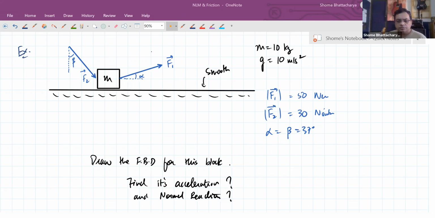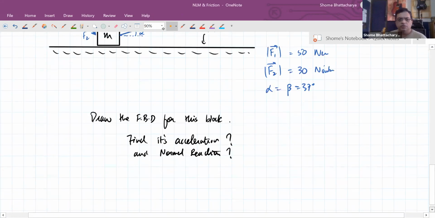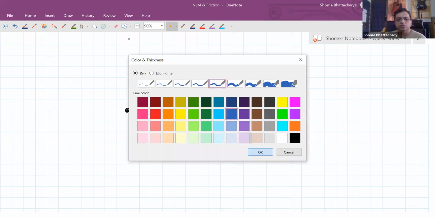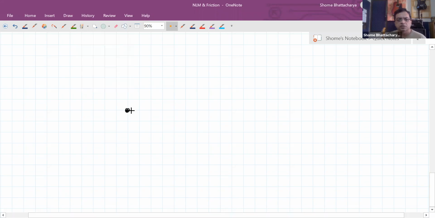Okay, so let's figure this out. What we will do here is first of all represent the forces as vector arrows which are originating from the point mass. The two external forces which I have shown will be like this. These two arrows will be F1, which is of magnitude 50 newtons, and F2, which is of magnitude 30 newtons.